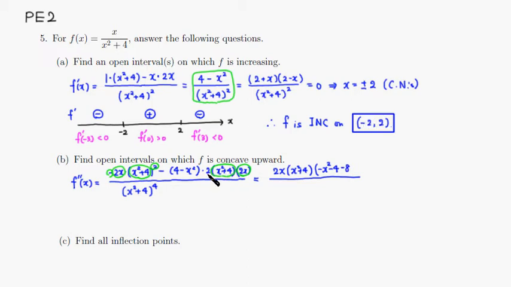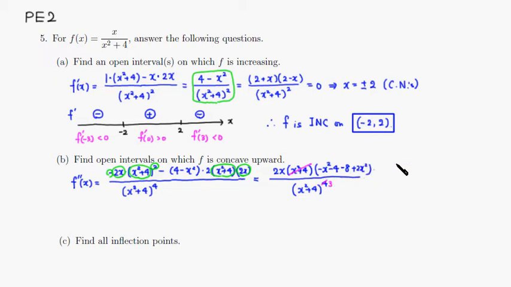Right? Then 2 times negative, negative positive, so it's a plus 2x squared. Then you have x squared plus 4 quantity to the 4th power. Then we can cancel x squared plus 4. There's one of them, so we can reduce 4 to 3.